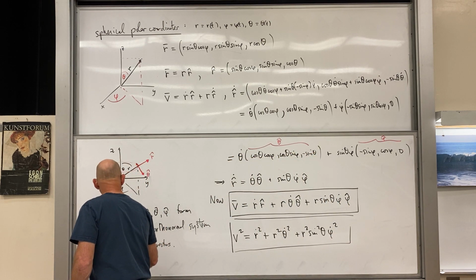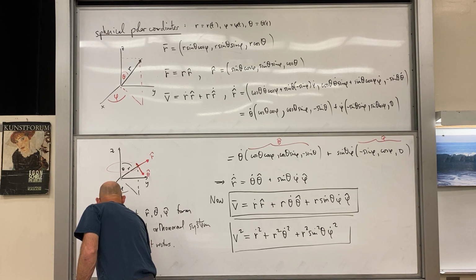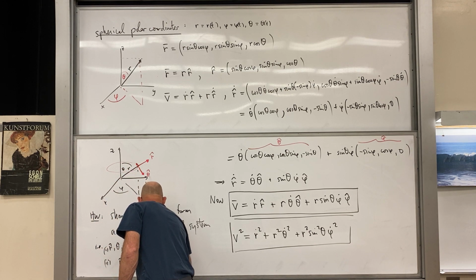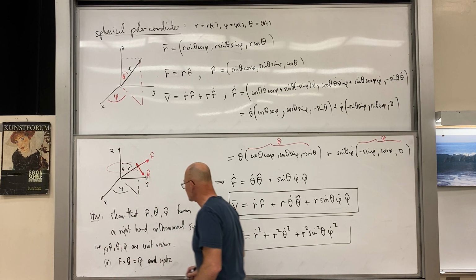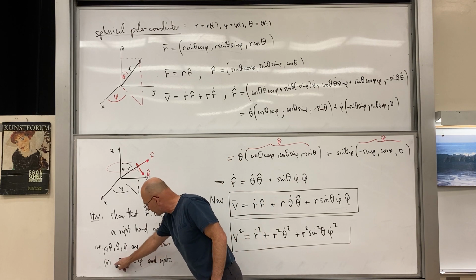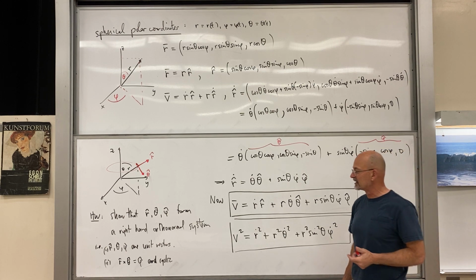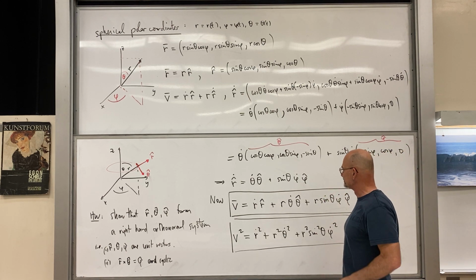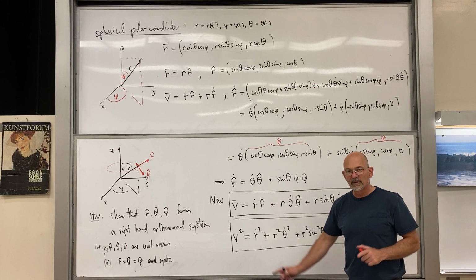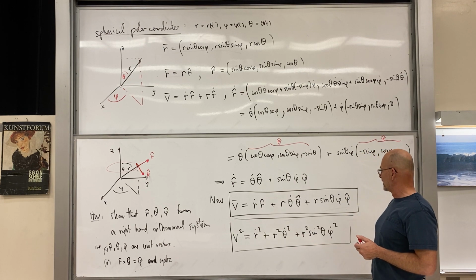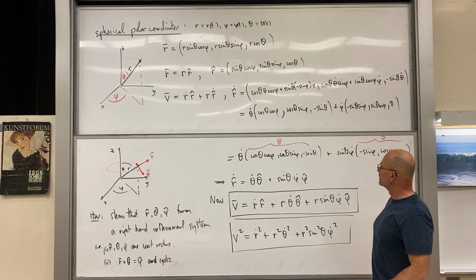So we should have r hat cross theta hat equals phi hat and cycling. You just cycle through them. You always take this one, bring it to the front, cycle through them. Just like i hat, j hat, and k hat were an orthonormal system. And to do that, you just use your determinant rule for 3x3 matrices and cross products and stuff like that. So it shouldn't be bad.